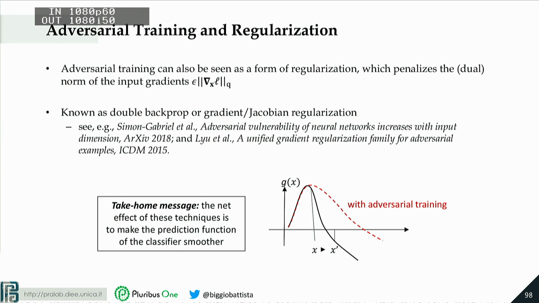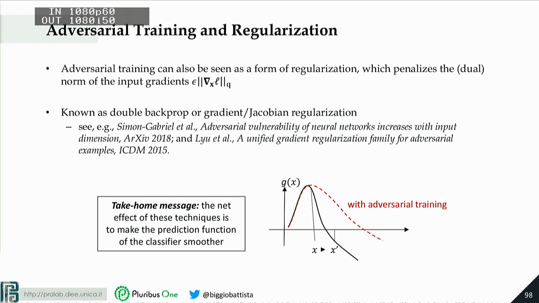And that's for the first defense. Of course, as I told you, this is also equivalent to adversarial training. It has been shown that for a small perturbation, penalizing the input gradient of the training points is equivalent to retraining on these adversarial samples.